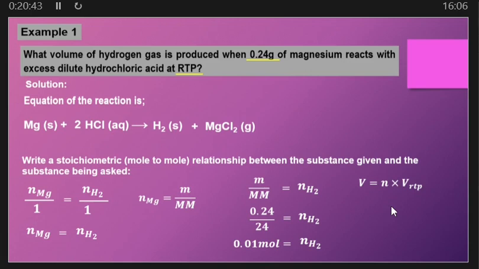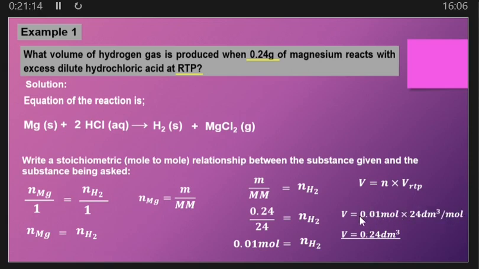It is a standard volume which 1 mole of a gas occupies at RTP. So we'll substitute 0.01 mole times 24 cubic decimeters per mole. Then when this mole and this mole cancel, we will remain with that.